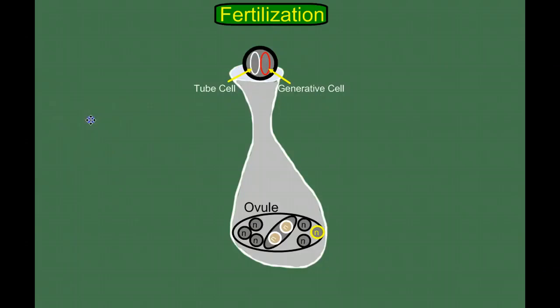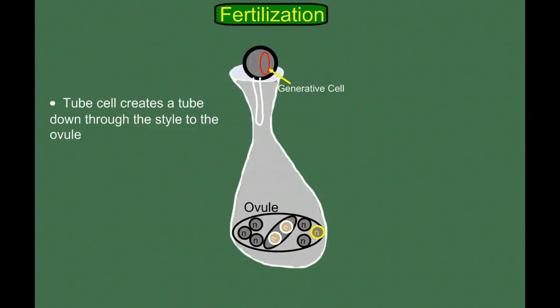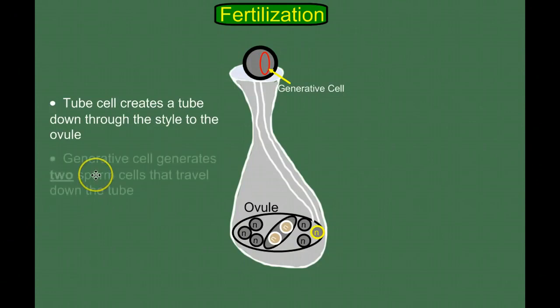The tube cell is going to create a tube down through the style to the ovary. Then the generative cell is going to generate two sperm that travel down the tube.